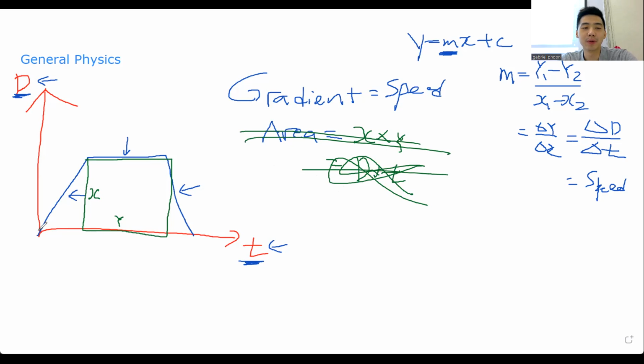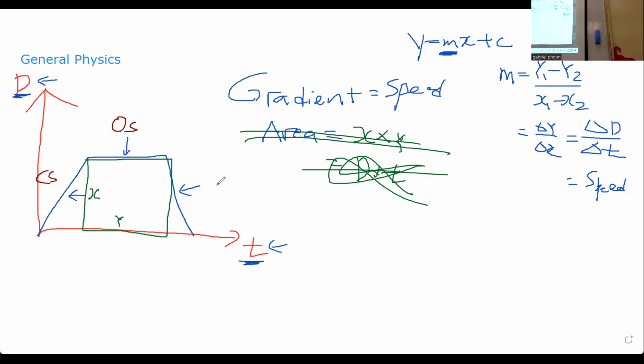So if I want to identify the information here, if I have a constant gradient in the first part here, it means I have constant speed. If I have zero gradient, it basically means that I have zero speed. And if I have negative gradient, does it mean I have negative speed? Is there such a thing as negative speed?